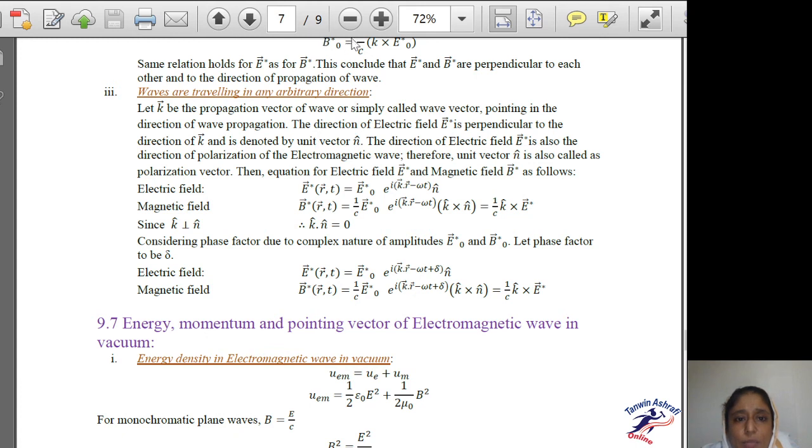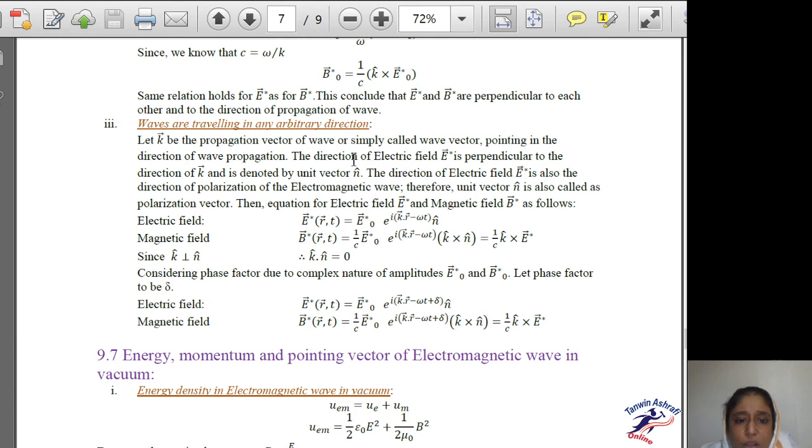And B, from the above equation, is equal to 1 upon c, k cross E. So we will get B is equal to 1 upon c E0 e raised to i(k dot r minus omega t), k cap cross n cap. Now, since n cap and k cap are perpendicular, n cap dot k cap is equal to 0. Considering the factor due to the complex nature of the amplitude, let the phase factor be delta.